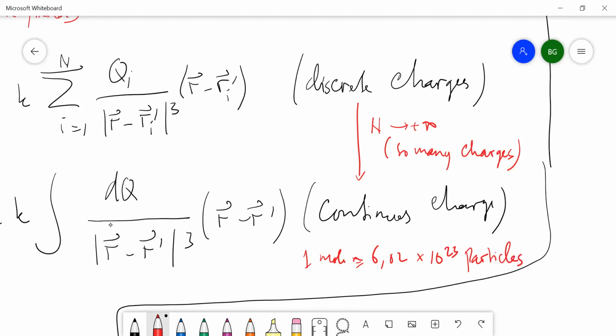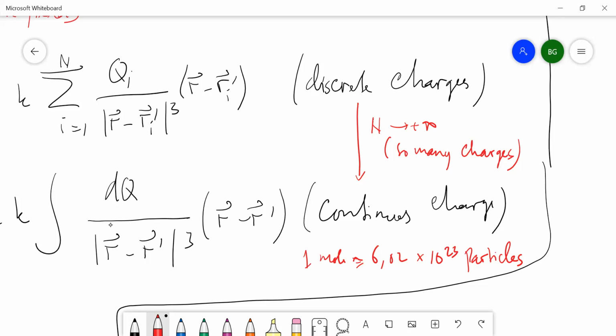Okay. So there are so many charges in this case. For example, if we form a charged sphere, charged cylinder, charged wire, or charged disk, we could approximate it to the continuous case, okay?